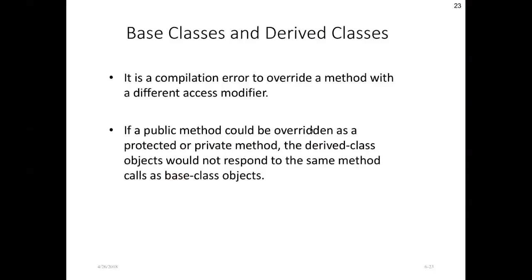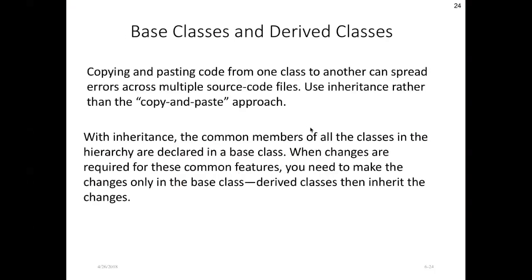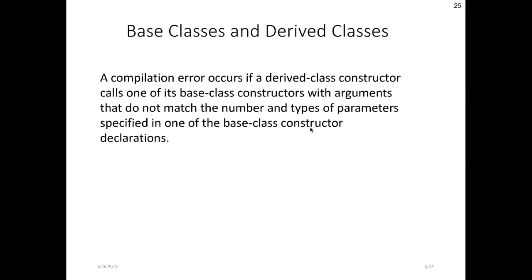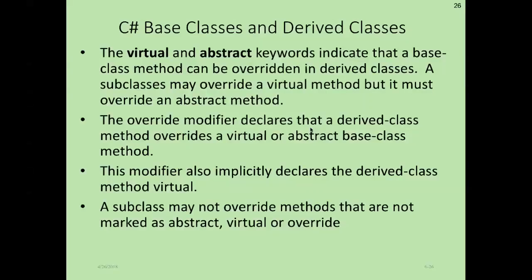I have already covered this, base class and derived class. In C# and C++, it is called virtual. There is a virtual keyword. It is called a virtual class, or in Java and maybe in Python, it is called an abstract class.